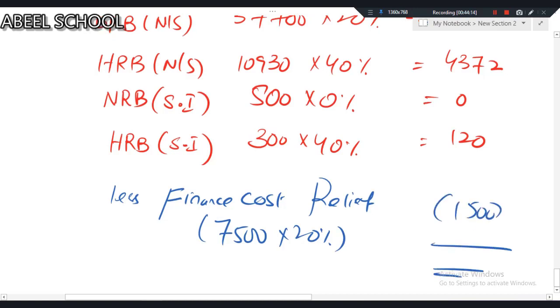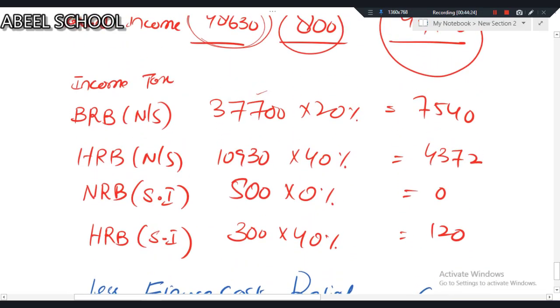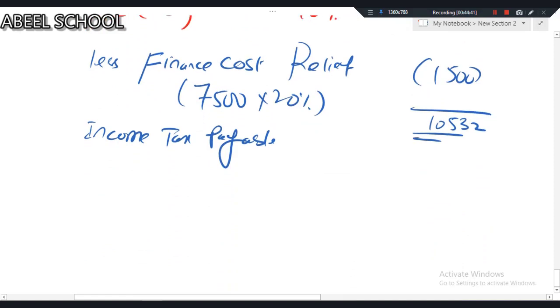So simply you will get income tax payable or income tax liability. It's the same thing. So let me use the calculator. 7,540 plus 4,372 plus 120 minus 1,500. Dear student, I'm getting income tax payable of 10,532.